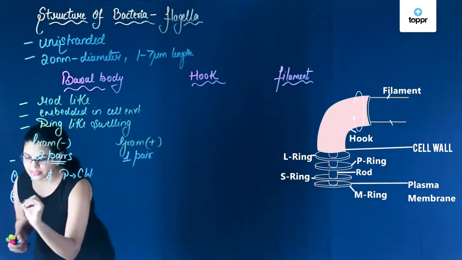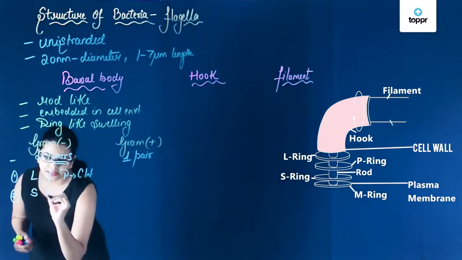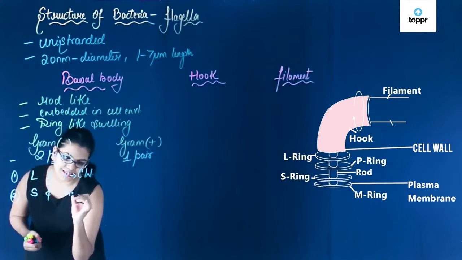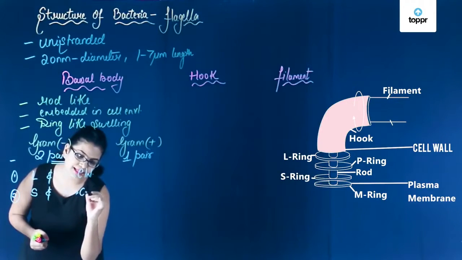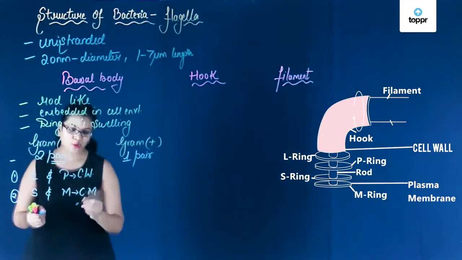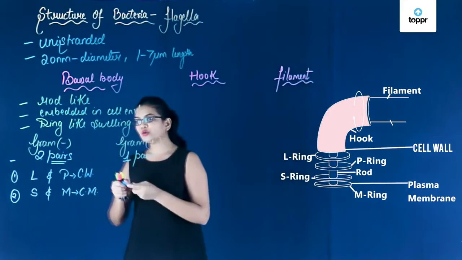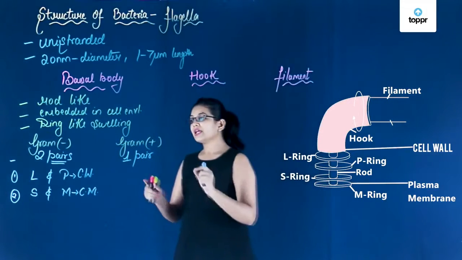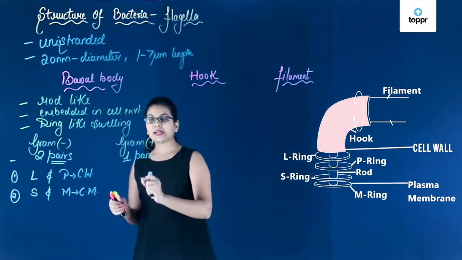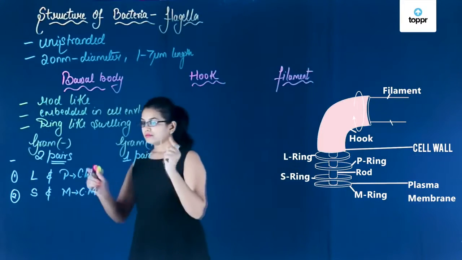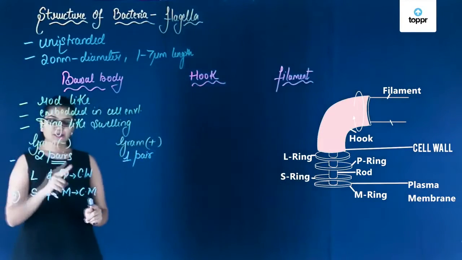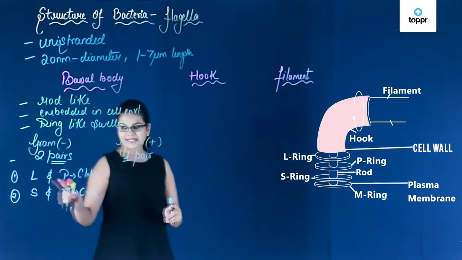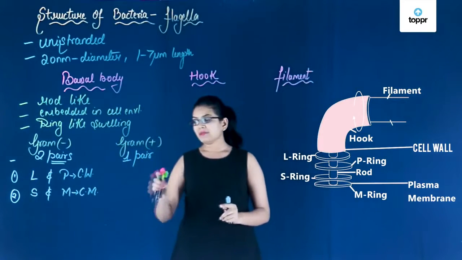The next pair is S and M, and this pair is present in the cell membrane. So we have seen that there are 2 pairs of rings present in gram-negative bacteria in the basal body: the first pair called L and P, present in the cell wall, and S and M, present in the cell membrane.